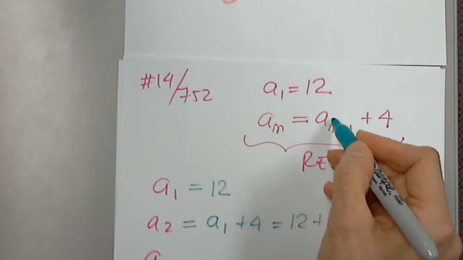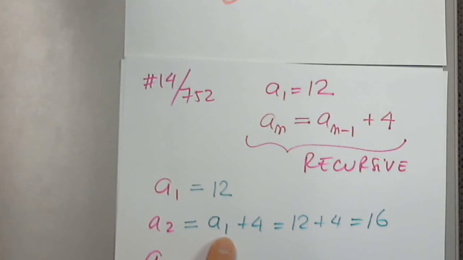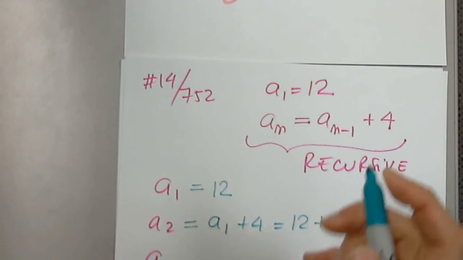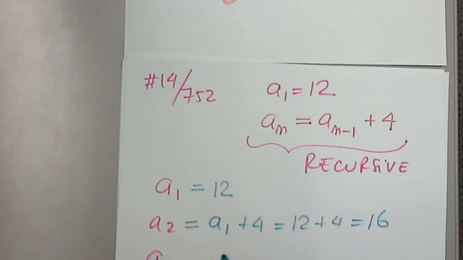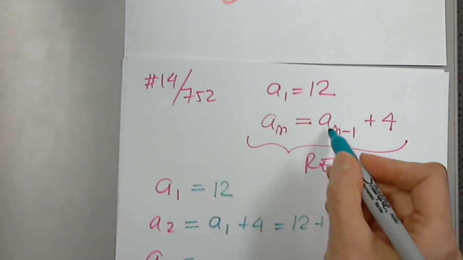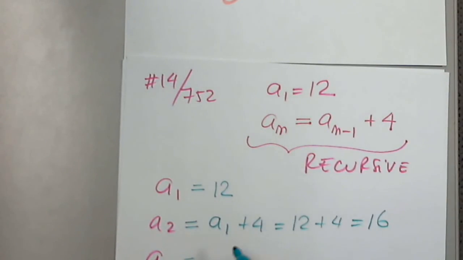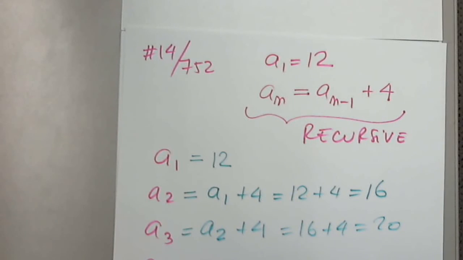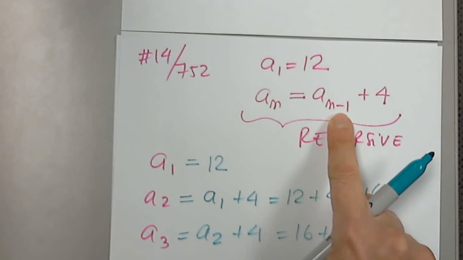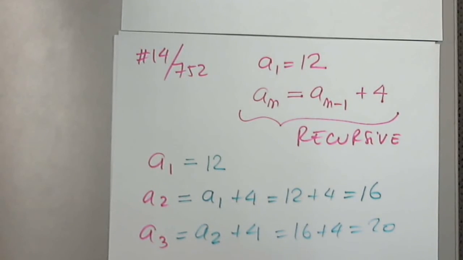Because if this is 2, this is 2 minus 1. Now, this is 3. What do I have here? 2 minus 1. A2 plus 4, correct. Which is 16 plus 4, which is 20. Now, A4. What do I have to write for A4? Very good. A3 plus 4. So this is 20 plus 4, which is 24.